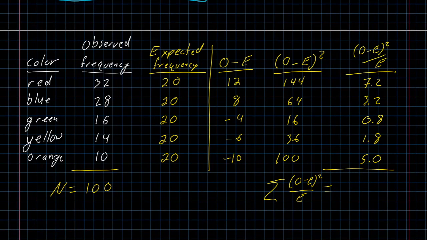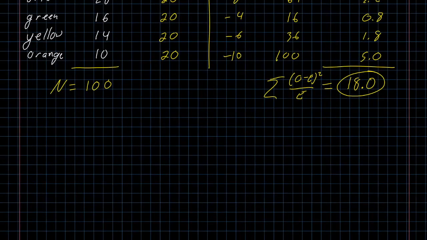7.2 plus 3.2 is 10.4. 11.2, 13, 18.0. Chi-square in this distribution is 18.0.